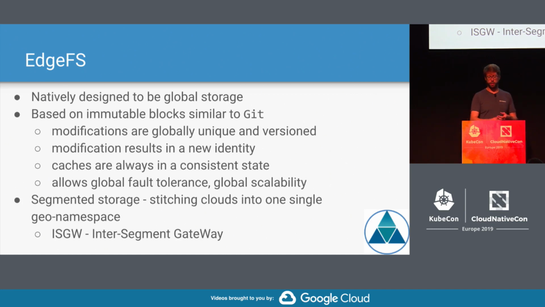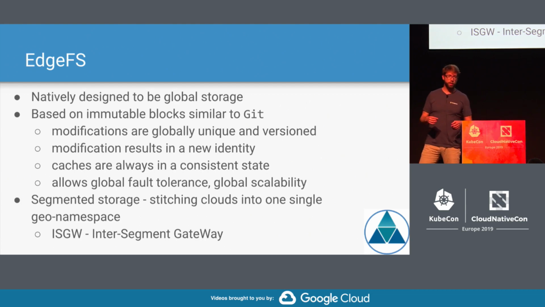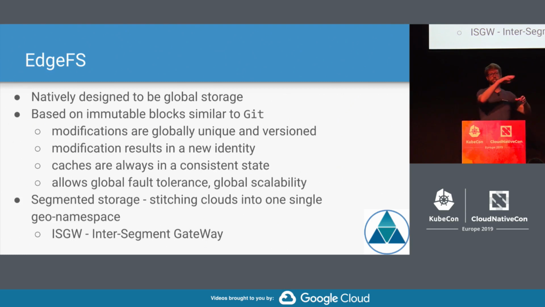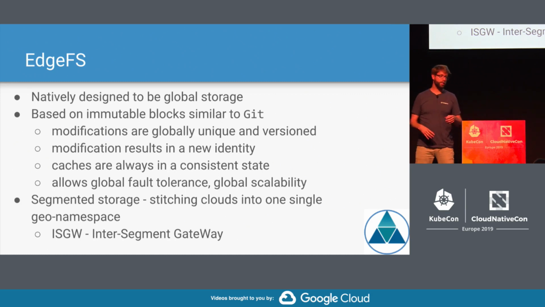It makes it globally unique. It's versioned, et cetera. And that allows the EdgeFS storage system to always have its caches at each one of the globally distributed sites in a consistent state. It allows global fault tolerance, global reliability and scalability as well.